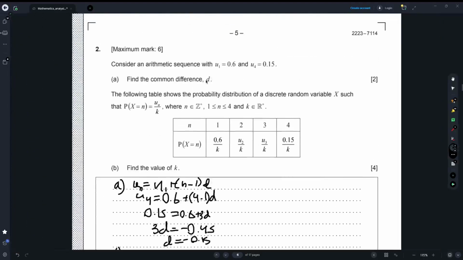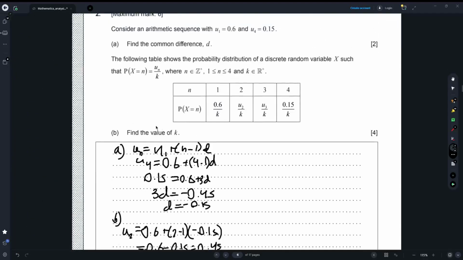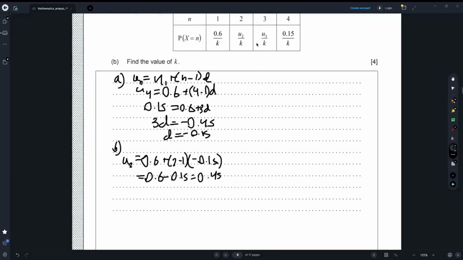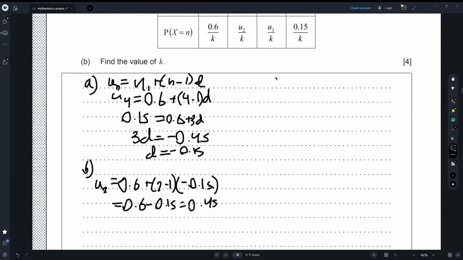Actually, we can just count it because it takes time to substitute in the formulas. So 0.6, this should be 0.45, this should just be 0.3.